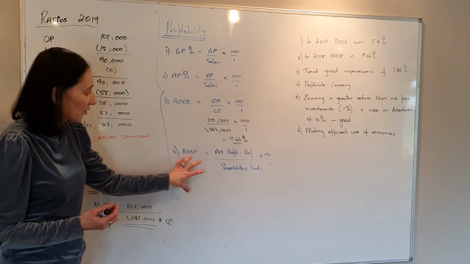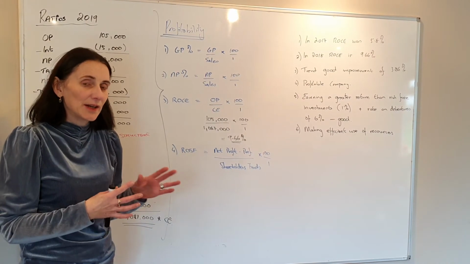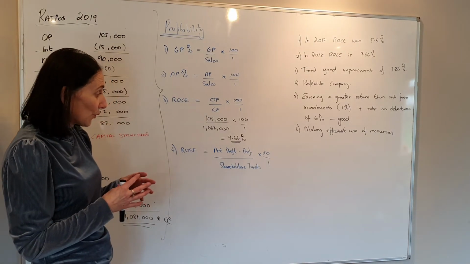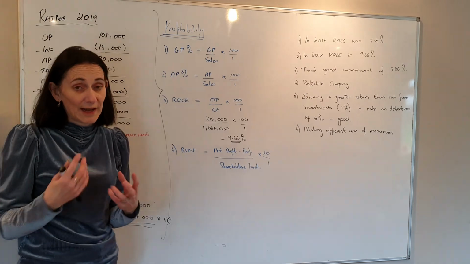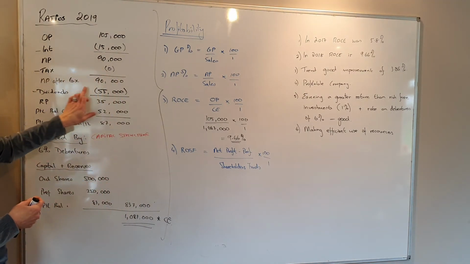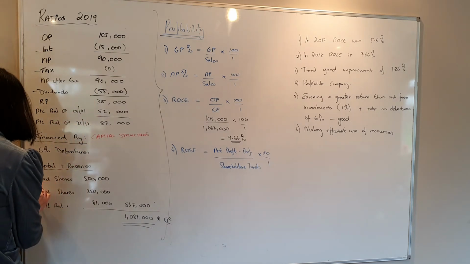Now, this formula here is only ever used if it's asked in part A, and it has appeared in, I think it was 2 years ago, and it threw a lot of students. So this wants to know what profit was left for the real shareholders. So if you look at it, dividends, we said that the preference shares, what were they again? They were 8%, okay?